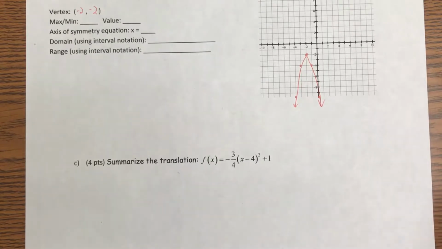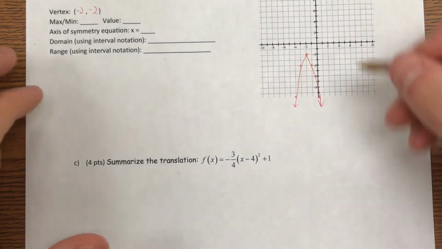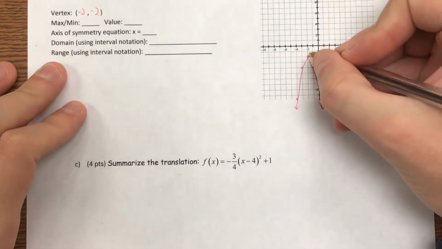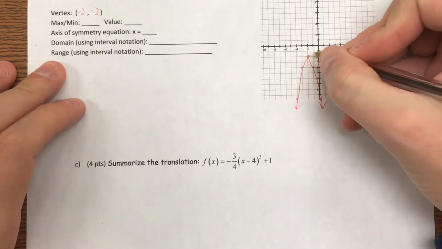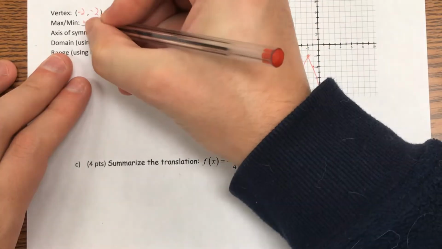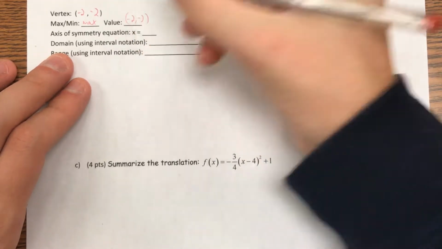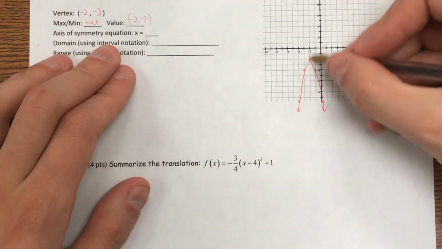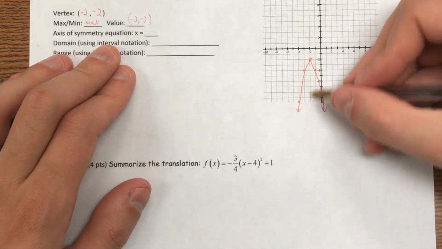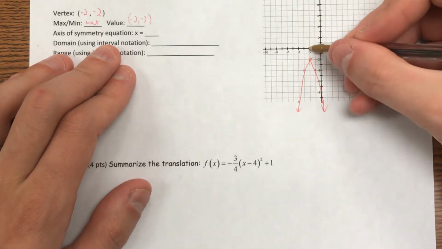Okay. Next up, max/min. This time it opens down, which means this right here will be a maximum. There is a top. So I would put max. And the value there is -2. -2 again, always the vertex. The axis of symmetry is right here, which means it's going through -2.